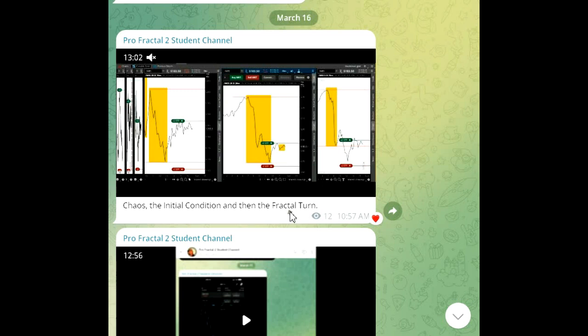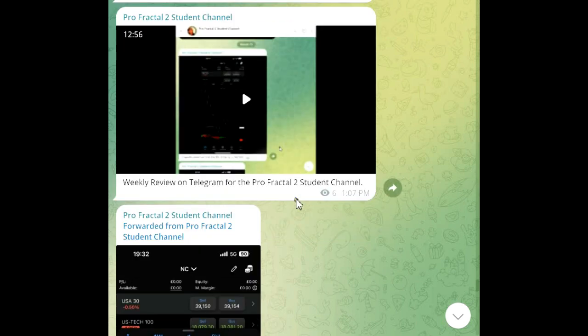All you can do with the market is identify the turns. How far down or how far up, we don't know. It's chaos. Conditions change constantly, and what we're doing here is mapping the market turns.